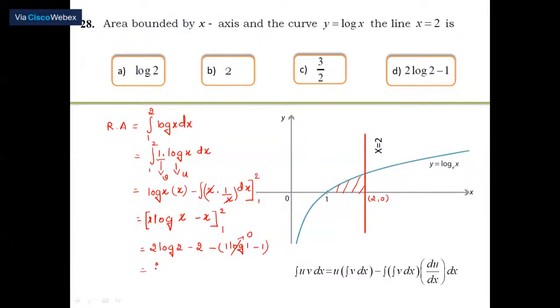So finally it is 2 log 2 minus 2, minus of minus 1, that is plus 1, minus 2 plus 1, that's equal to minus 1. So the required area is 2 log 2 minus 1. And that is our option D. So the correct option is D. Very good, Saujanya.